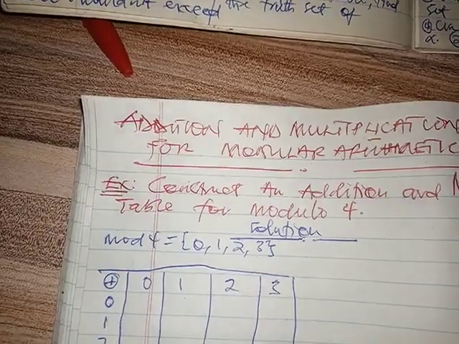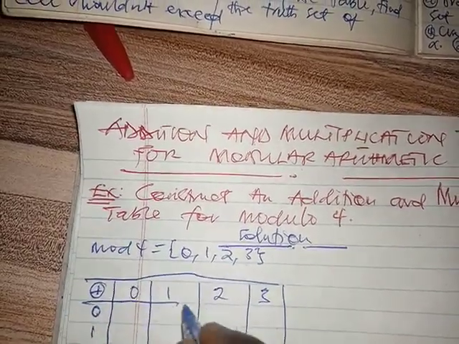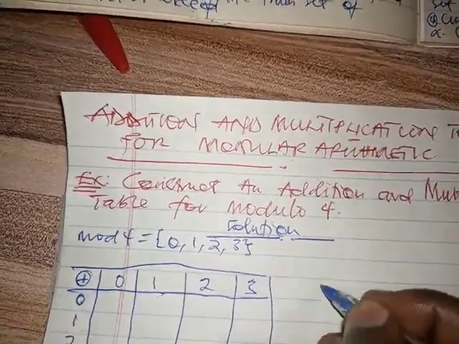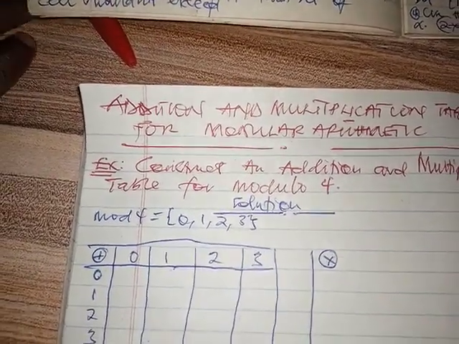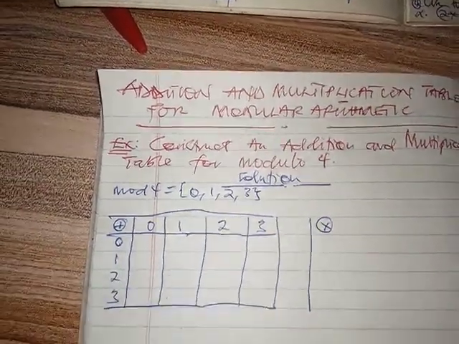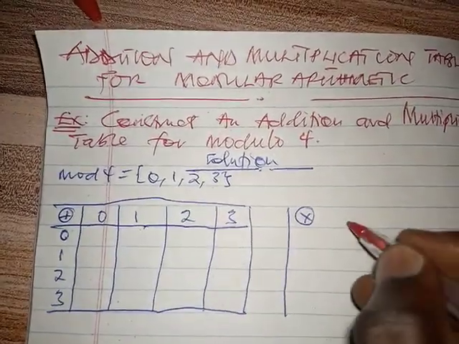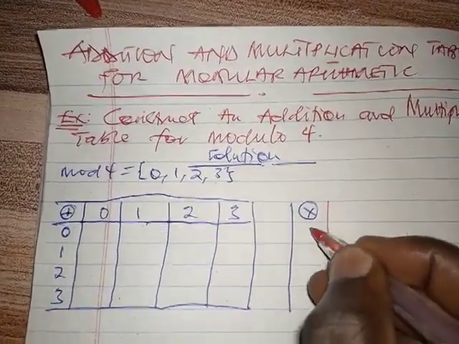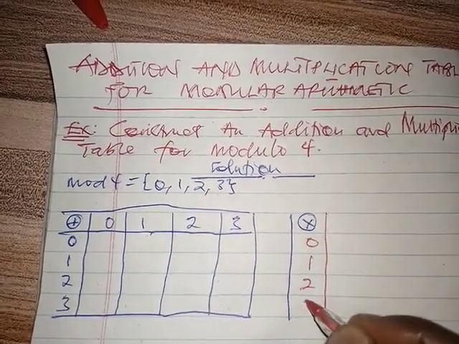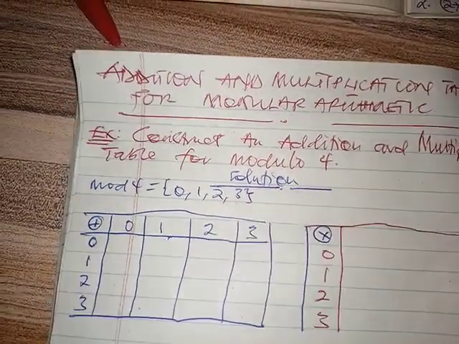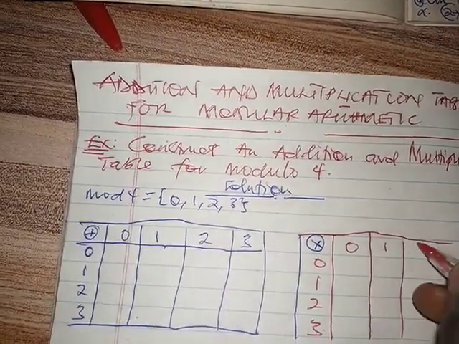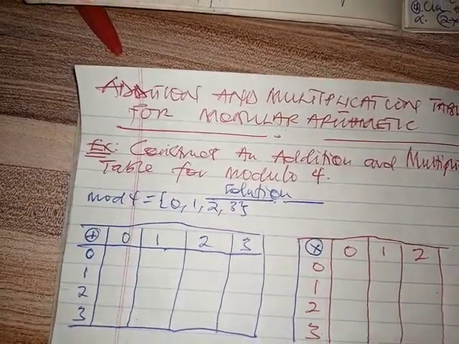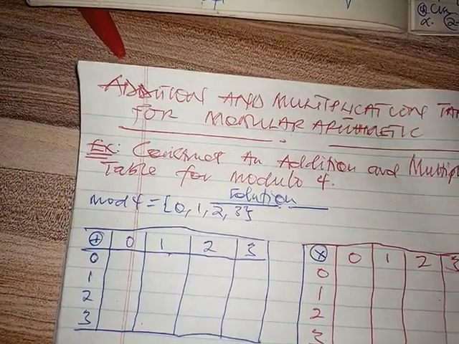So we have this for the addition, and now for the multiplication, we also have 0, 1, 2 and 3.